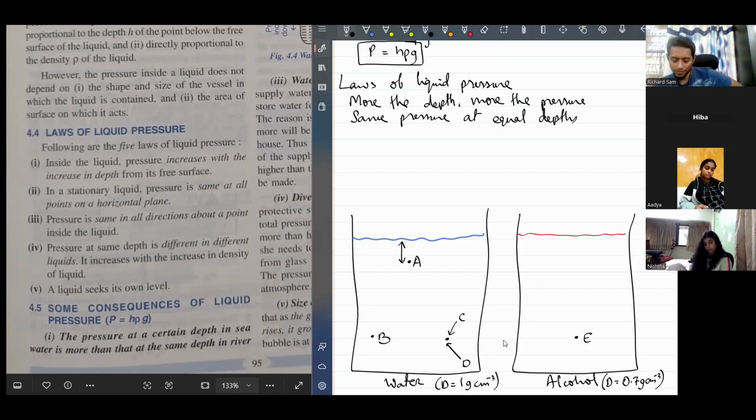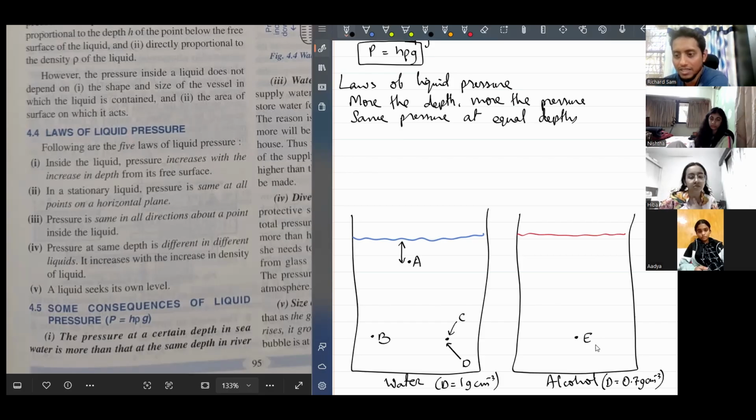If you compare B, C, D, and E, where will there be the least amount of pressure? E. Yes, sir. Why E? Because the alcohol has the least density. So we're talking about the second factor now, that is density. Since at point E there's the least density, there's the least pressure.